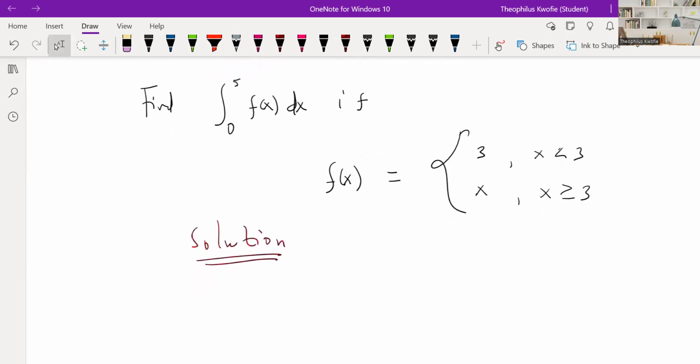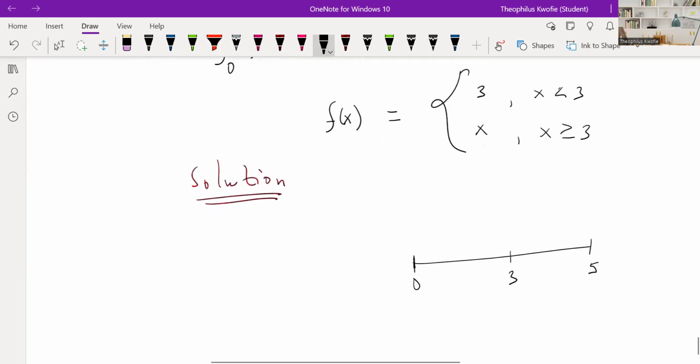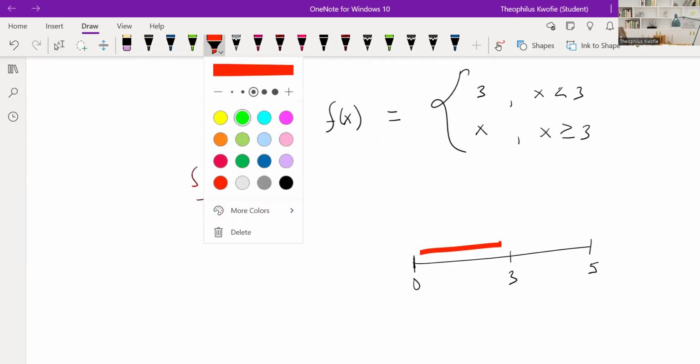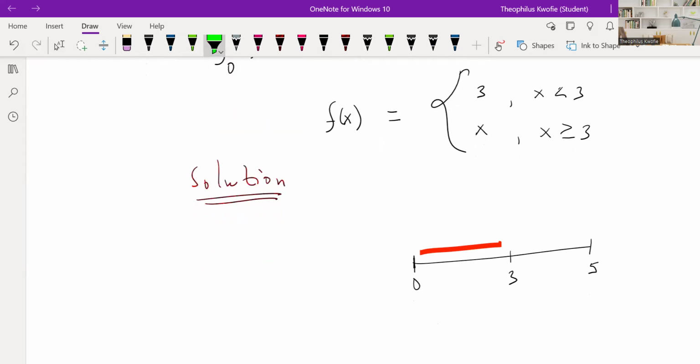For us to solve this, it's just like the piecewise that we talk about. It's almost as if you're on a number line like this. Let's say from the given problem, we were moving from 0 to 5. Now, when you look at it, it's almost as if we have picked 3 there. So we have to find the area within this interval, then we pick another area from 3 to 5.